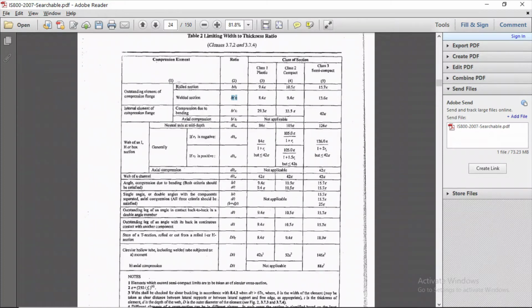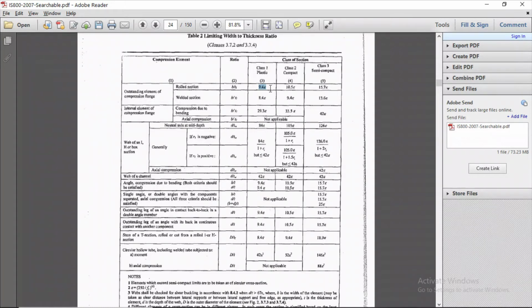If your ratio is within any of these values, that will be your classification. So we are getting our answer for B by TF as 7.95, which is less than 9.4 epsilon. Therefore your section can be classified as plastic in flange.